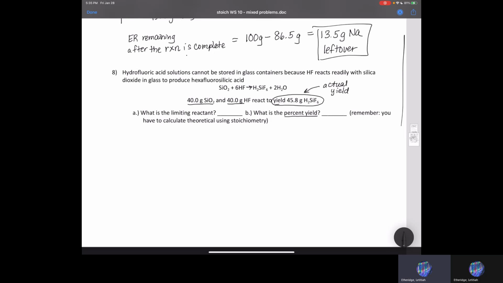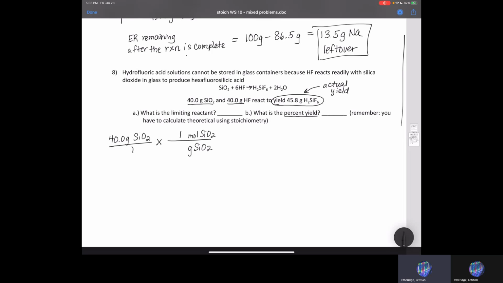Okay, so we are going to go from each of the reactants to the product that the question is asking you for. Okay, so let's start off. We have our 40 grams of silicon dioxide, put it over 1. Now we're going to work the problem. Gram on the top, gram on the bottom, mole on top.